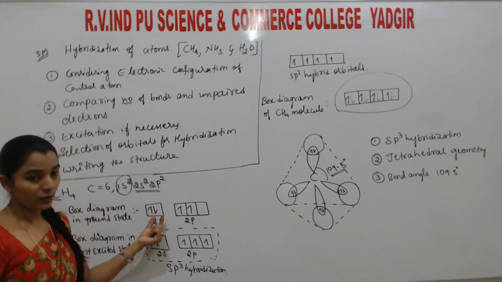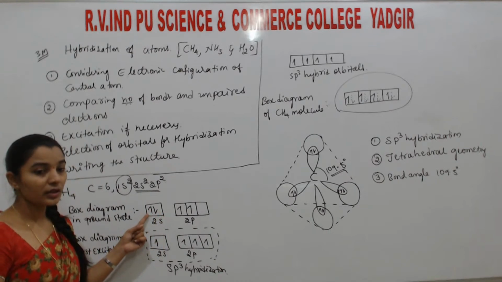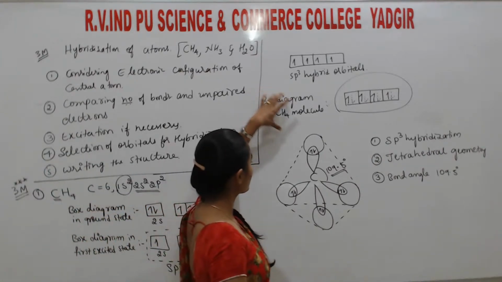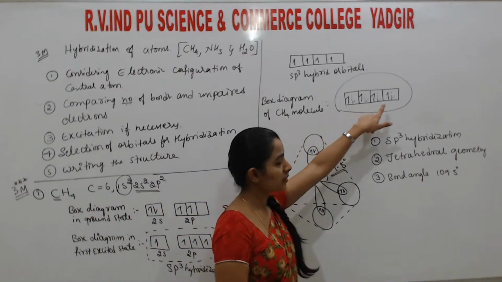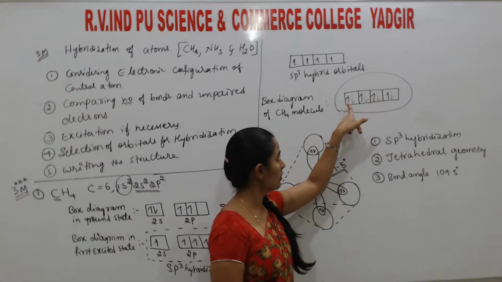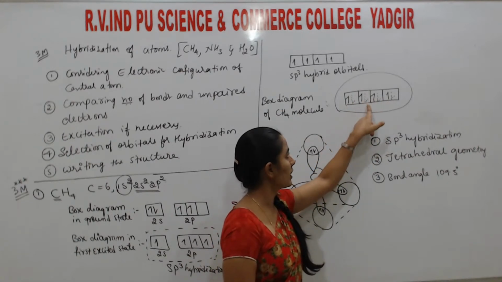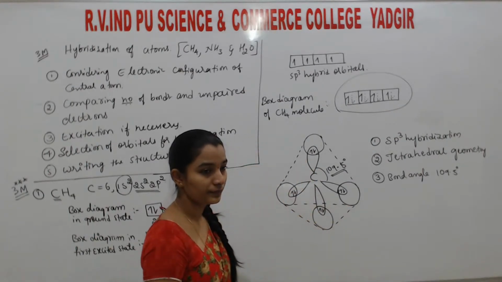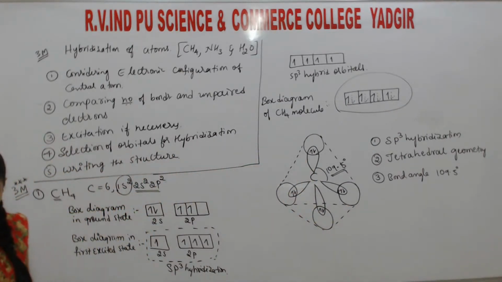When they are not involved in hybridization, these are considered as lone pairs. That I will explain later. Okay. Next, box diagram of a CH4 molecule. This is the box diagram. So here, this is the electron of carbon. These are the electrons of hydrogen. Then this is the structure. Okay.